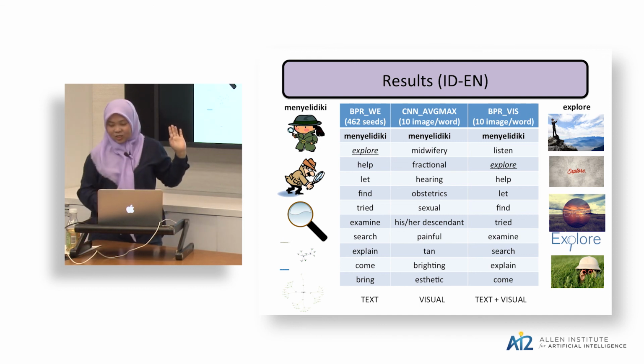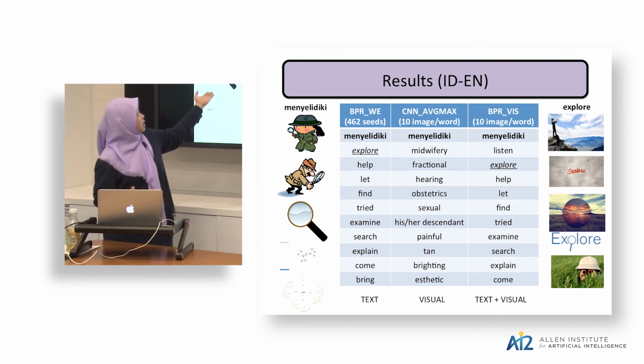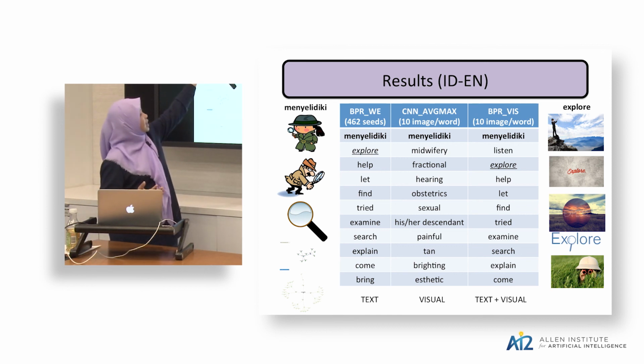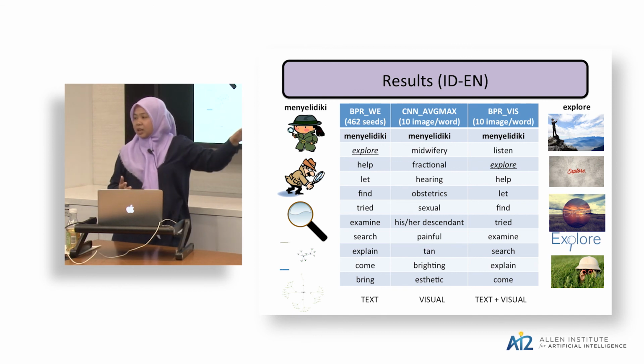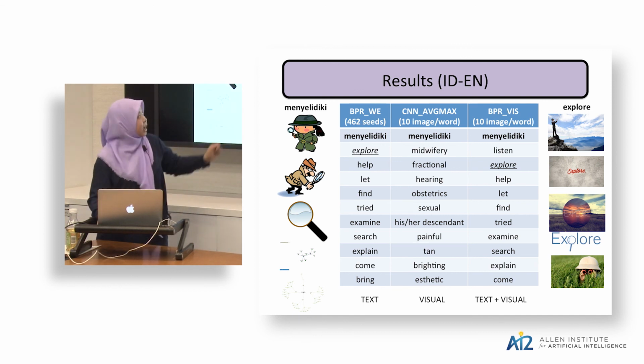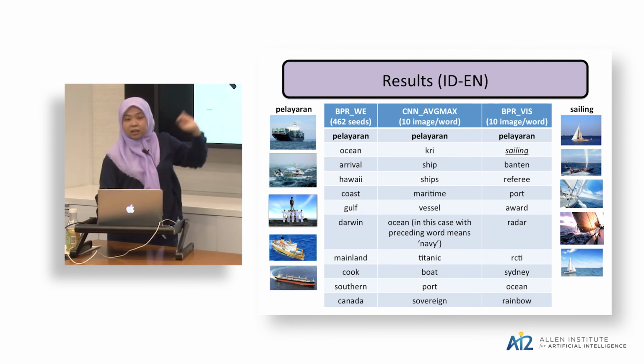And this is also true for verbs, because for verbs, the images are very diverse. For example, menyelidiki is explore, and the two images, Indonesian and English, are very diverse. But adding the text-based signal can help improve the rank of the right translation.